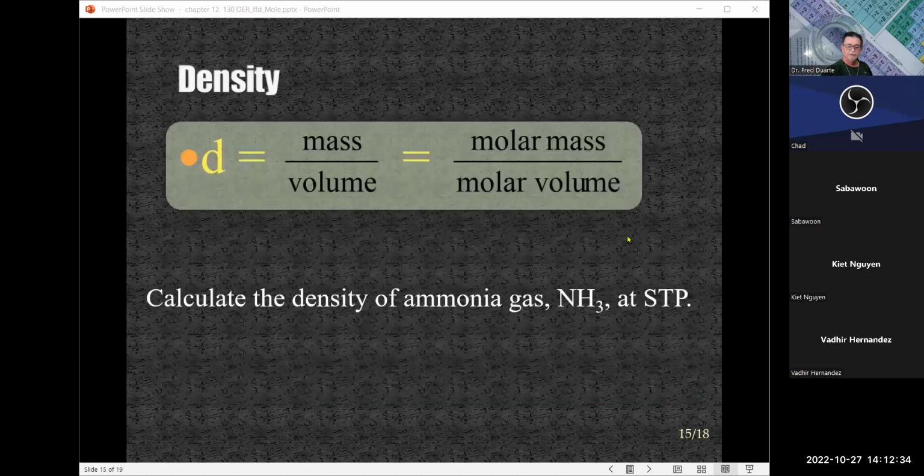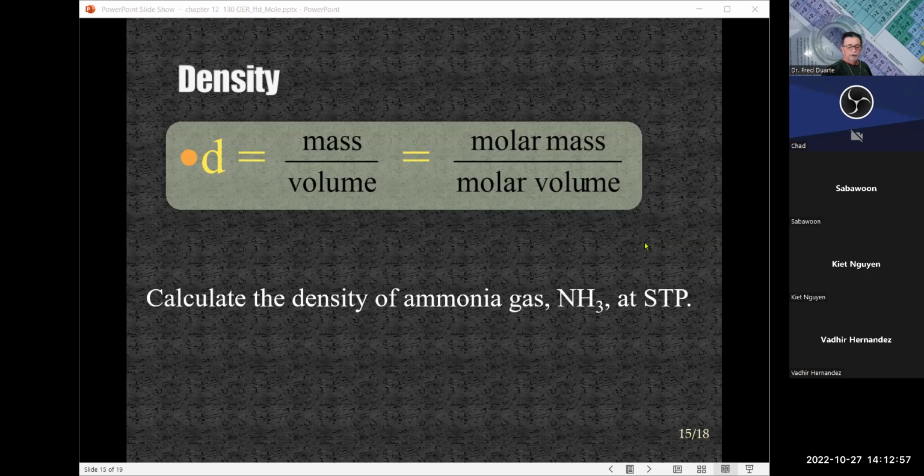All right, which brings us to density. Density, we did talk about that before, where it's simply a ratio of mass over volume, okay? But we can actually calculate the density of gases at STP, which is simply the molar mass divided by the molar volume.